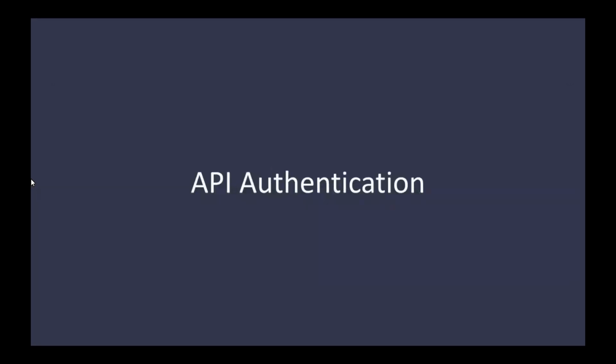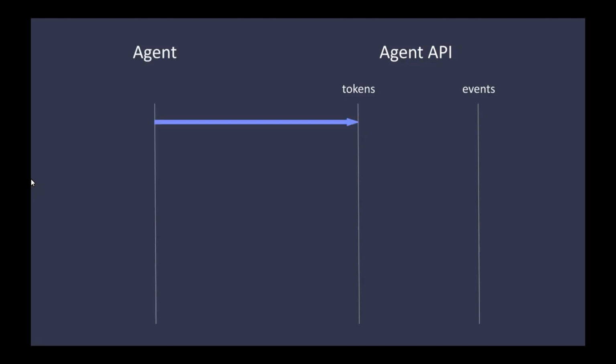Finally, a security measure we incorporated into BARD was authentication of requests sent to the agent API. The agent API exposes two endpoints: tokens and events. When an agent instance is started, it first makes a GET request to the tokens endpoint, and in response receives a signed JSON web token.